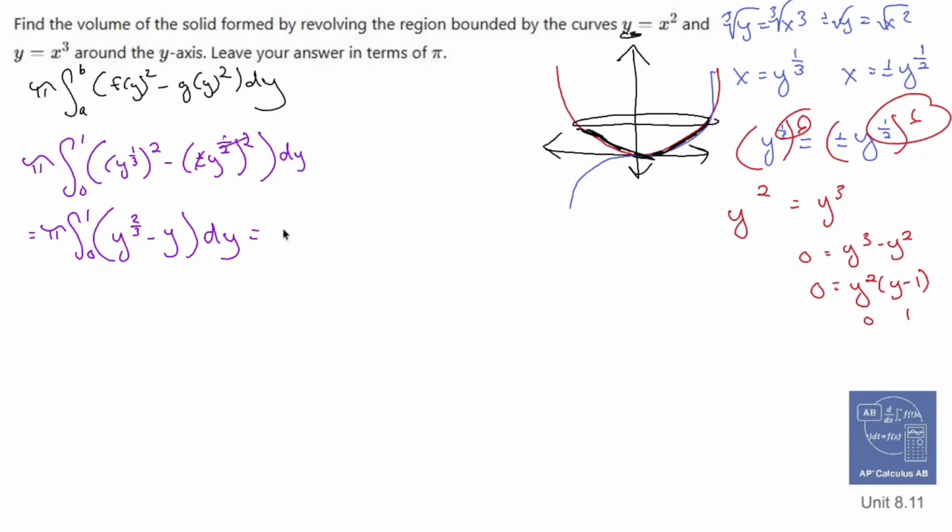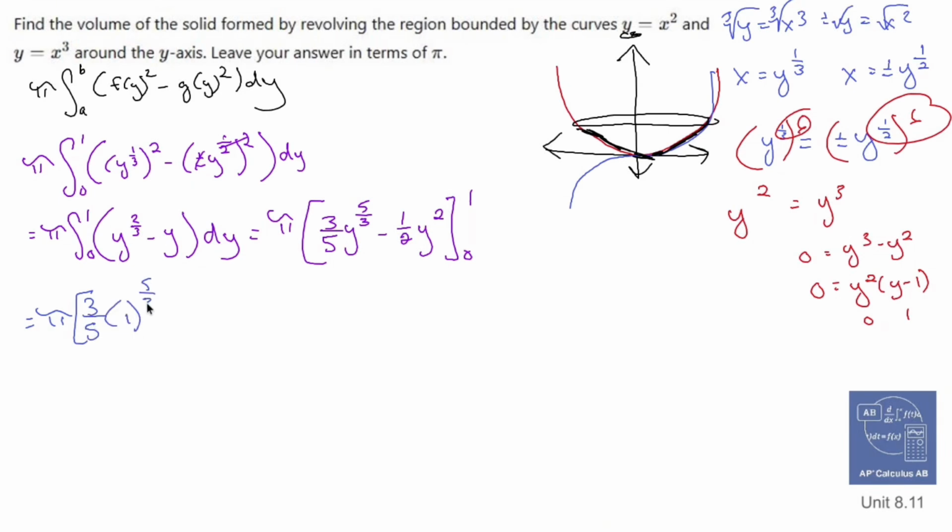That becomes pi times 3/5 y to the 5/3, just reciprocal stuff, minus 1/2 y squared, with limits at 1 and 0. Pi still lives there. Plug in 1: 3/5 times 1 to the 5/3, which is 1, minus 1/2 times 1 squared, which is also 1.